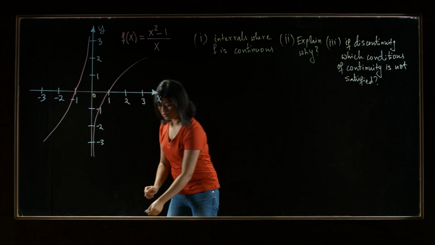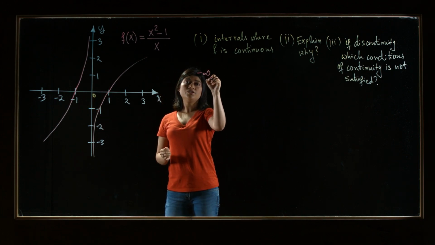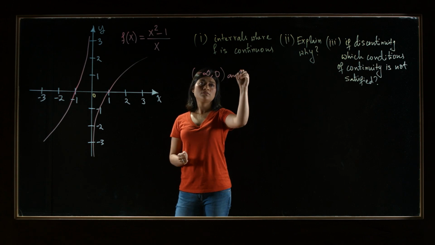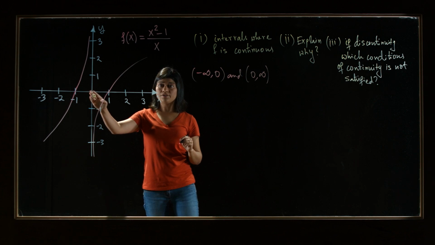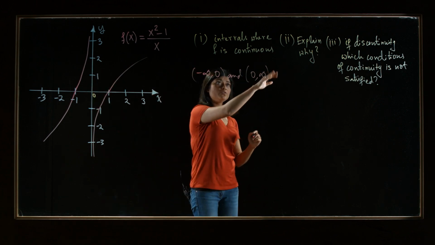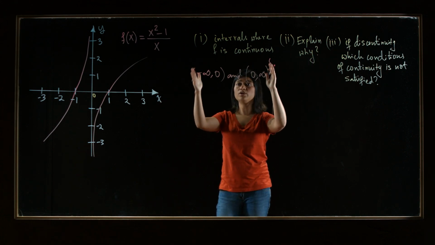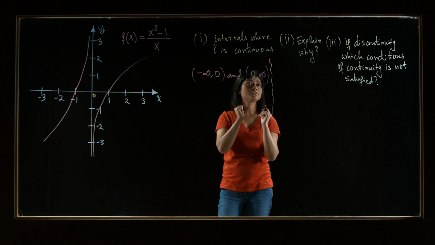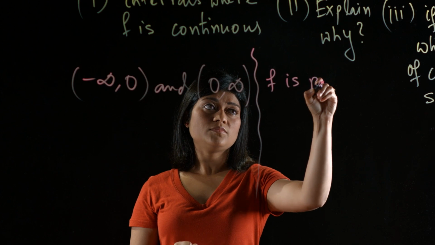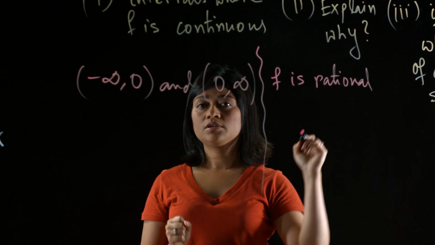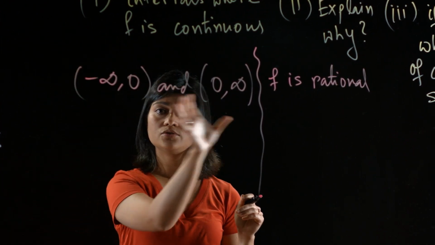So the intervals where the function is continuous will be from negative infinity to 0, and from 0 to infinity, because 0 is not even in the domain of the function. And that will be our explanation here. Why is this function continuous only inside these intervals? Because the function, first of all, is rational. And rational functions are continuous on their domain.